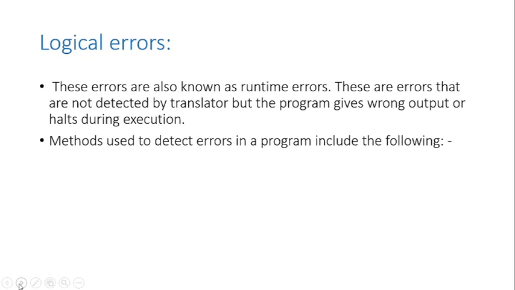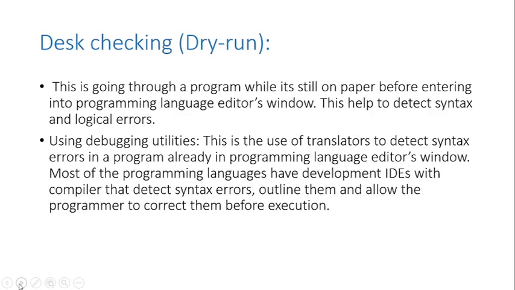There are several methods of detecting errors in a program, which include the following. We have desk checking. This is going through a program while still on paper before entering it into a programming language editor's window, which helps to detect syntax and logical errors.